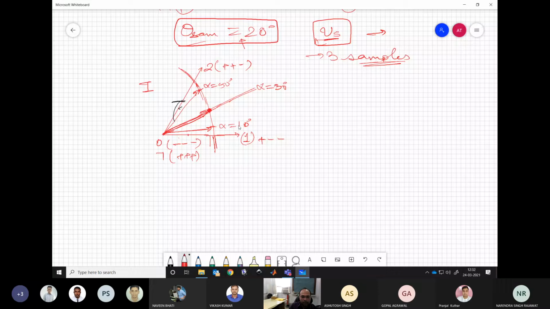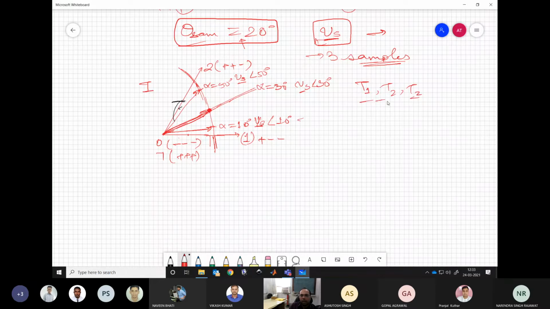We will again discuss this a little more further on. So then this vector I can represent by Vs angle 30 degree. This vector could be Vs angle 10 degree, and this vector could be Vs angle 50 degree. Now we can compute T1, T2 and Tz for each sample.